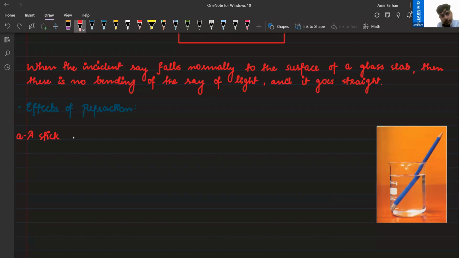A stick immersed in water appears to be bent at the water surface.